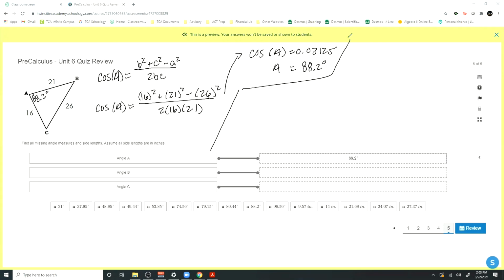Filling these in, that'd be the sine of 88.2 over 26 is equal to the sine of b, which is unknown, over 16.